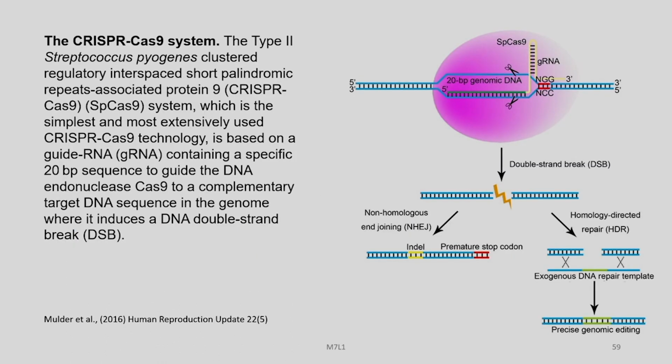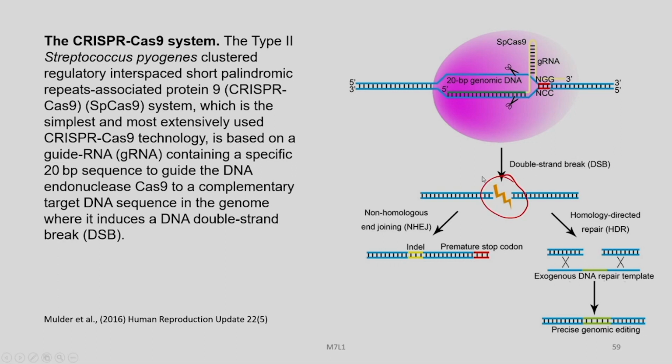The CRISPR-Cas9 system of Streptococcus pyogenes is the simplest and most extensively used CRISPR-Cas9 technology, and this is based on the guide RNA containing a specific 20 base pair sequence to guide the DNA endonuclease Cas9 to a complementary target DNA sequence in the genome, where it induces a double strand break, as you can see here.